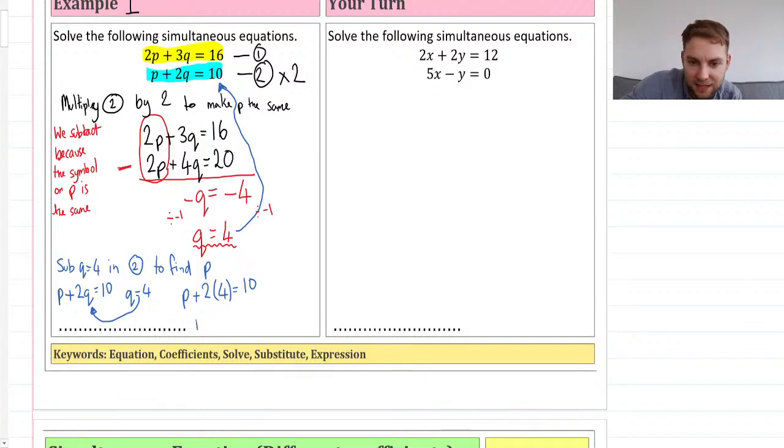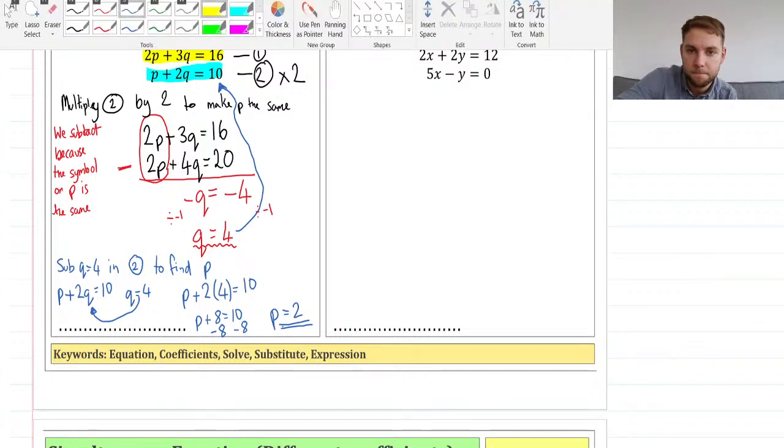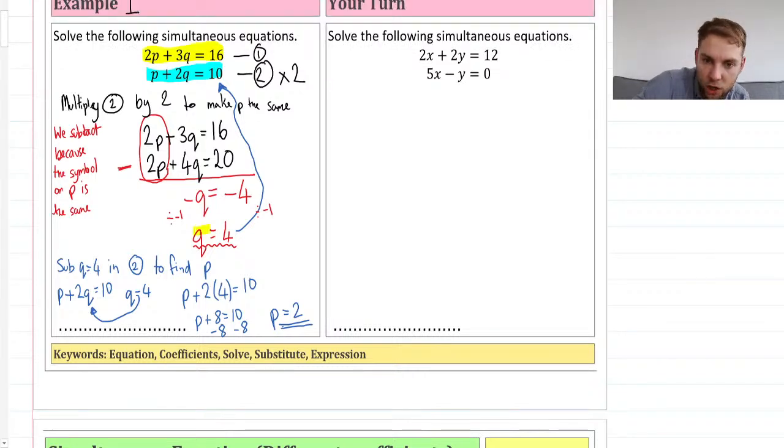Then I simplify this, p plus 8 is equal to 10. And the last little part, I minus 8, so p is equal to 2. There's lots going on there, it's really hard that. So these are my two answers. Q is equal to 4 and P is equal to 2.